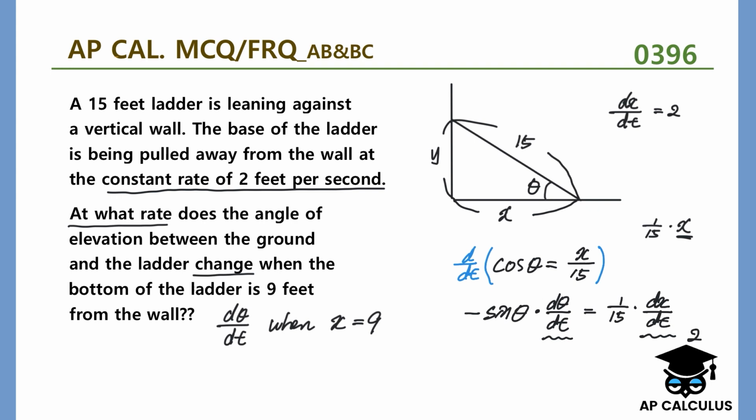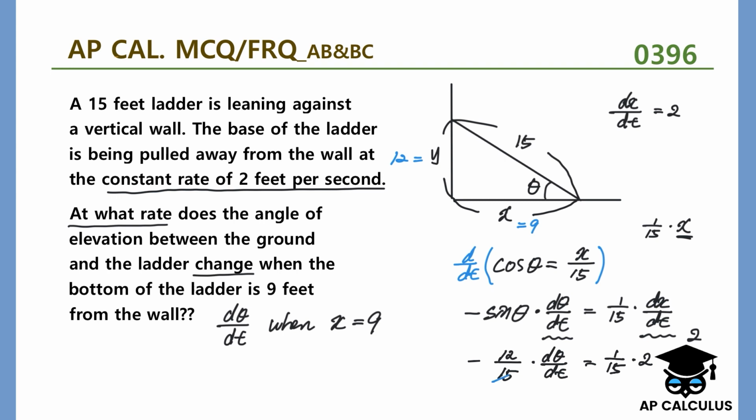And what's sine theta when x is equal to 9? Remember, when x is equal to 9, we found out y was 12, right? So at this point, sine theta is opposite over hypotenuse, 12 over 15. So minus sine theta, 12 over 15, times d theta over dt is equal to 1 over 15 times 2, right?